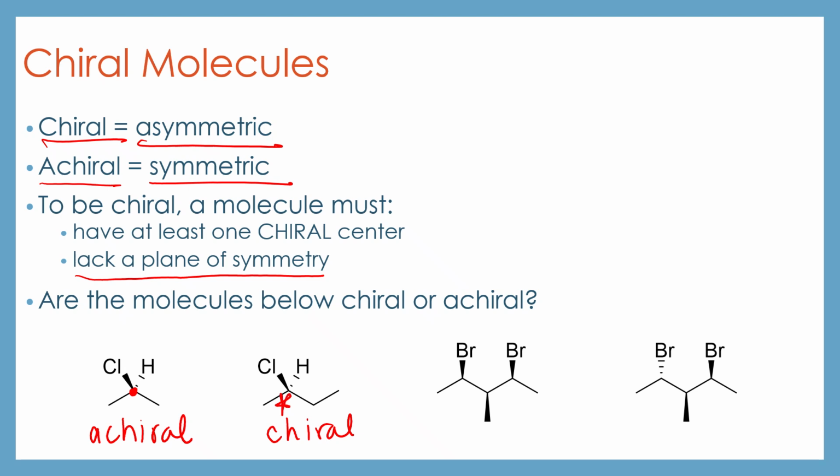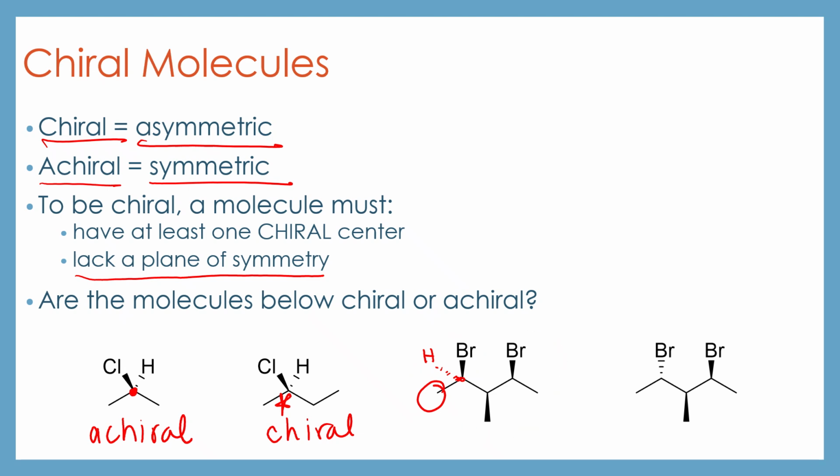On the next molecule, we have multiple carbons here, and we also have multiple carbons that have dashed and wedged bonds. So we need to look at all of them and make sure that we do or do not have chiral carbons here. So looking at this first one, we have a methyl group, we have a hydrogen that wasn't drawn in, we have a bromine, and then we have this entire other piece of the molecule.